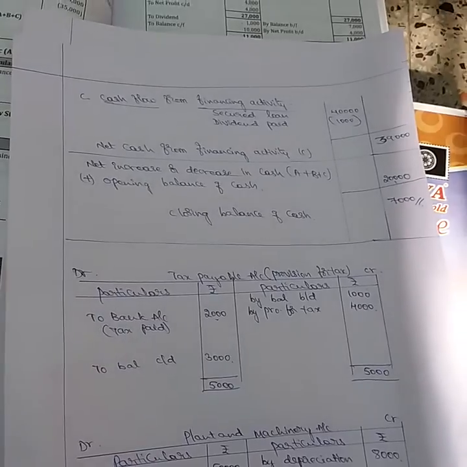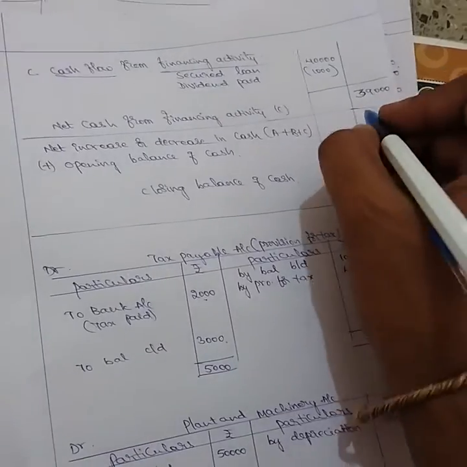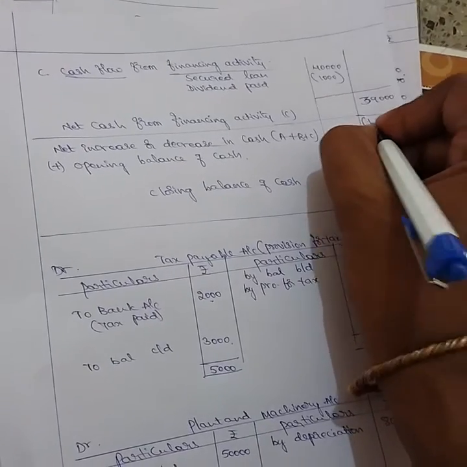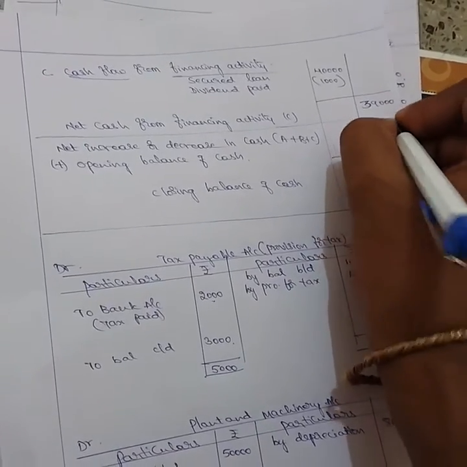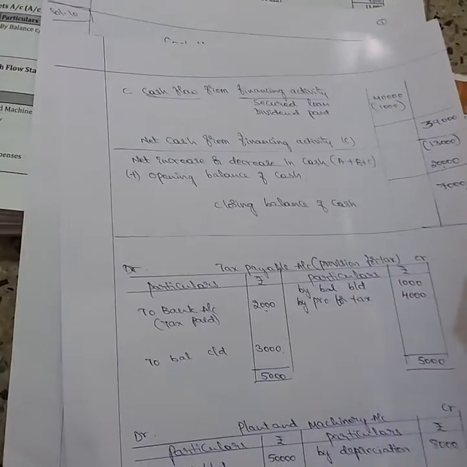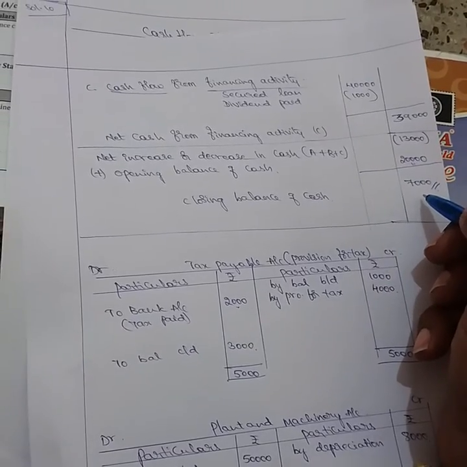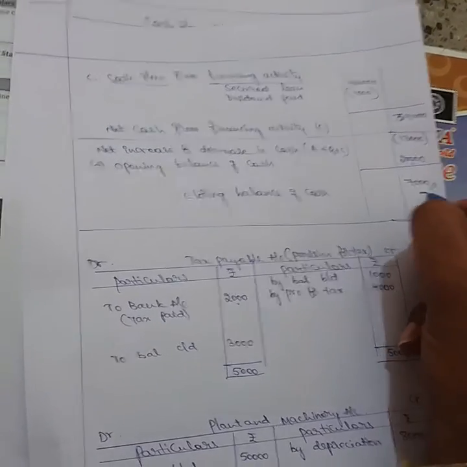So A plus B plus C is minus 13,000. Net decrease in cash is minus 13,000. So minus 13,000 plus 20,000 is 7,000. This is the closing balance of cash.